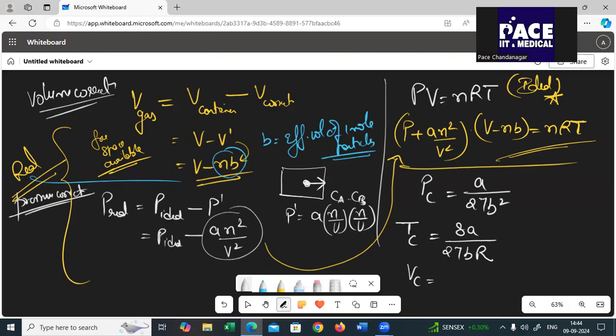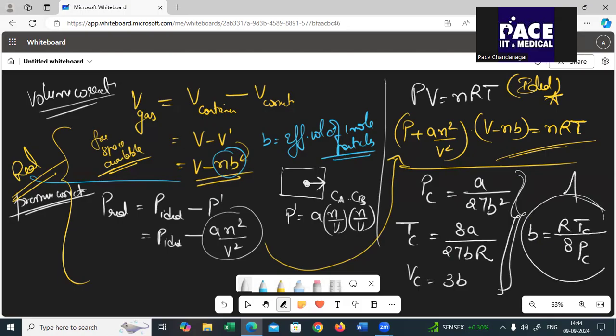Vc, the critical volume, is equal to 3b. Based on this, if you solve these three equations, you will get b equals RTc by 8Pc. So you can mark this; it can be used in your formulations also.